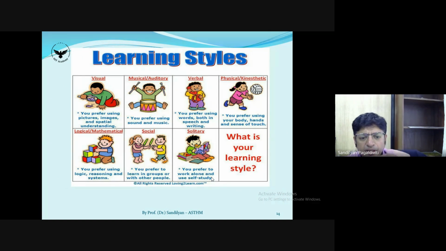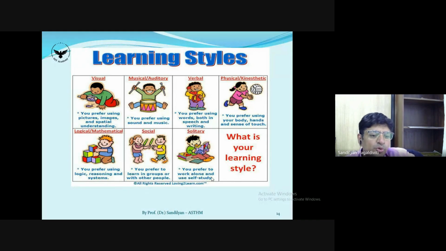So you see, these are the different learning styles which you can come across. A visual learner who prefers to see and learn, a musical or auditory learner who learns when he hears or listens, a verbal learner using both words in speech and writing, a kinesthetic or a physical learner who prefer to use hands, touch, and they are more doers.